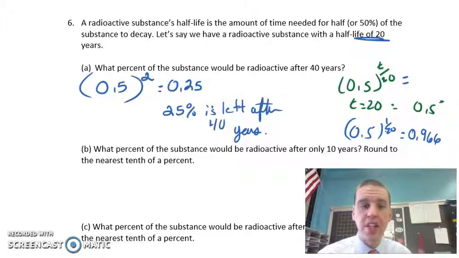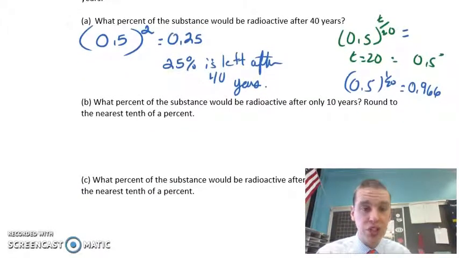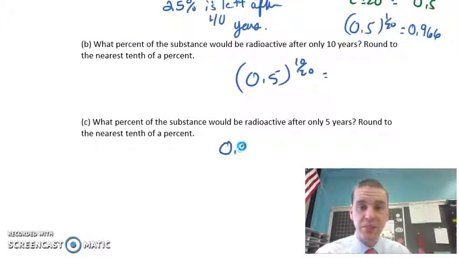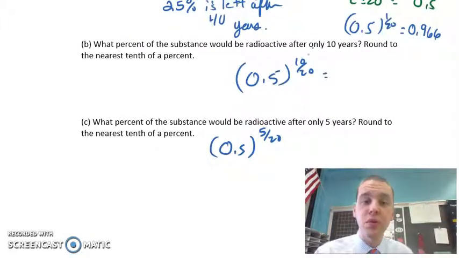0.966. Therefore, what we can do, what percent of substance would be radioactive after 10 years, we know, going from above, goes 0.5 raised to the 10 over 20. Or after 5 years, 0.5 raised to the 5 over 20. You don't have to do the single percent and then raise it to the 10th or raise it to the 5th.